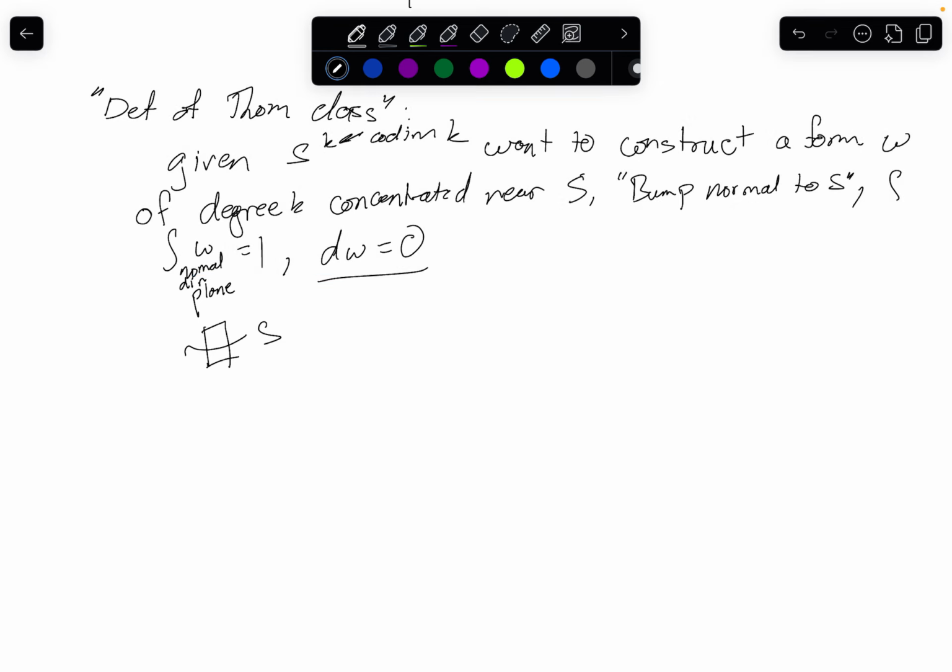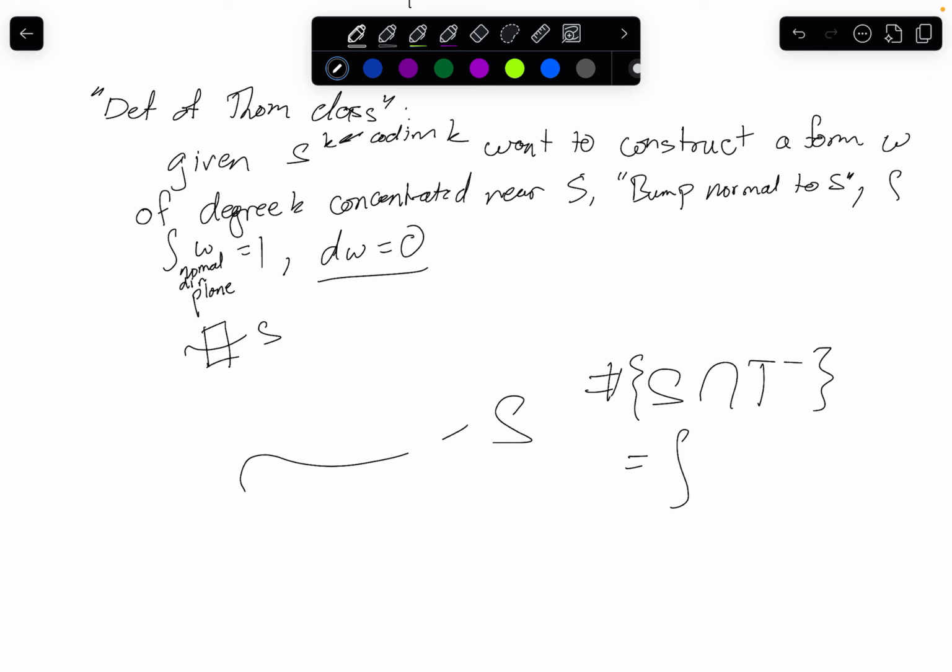remember that one way that we can compute, so let's say again that this is your manifold S, the intersection of S intersect T is to take the integral over T of this omega associated to S, right?